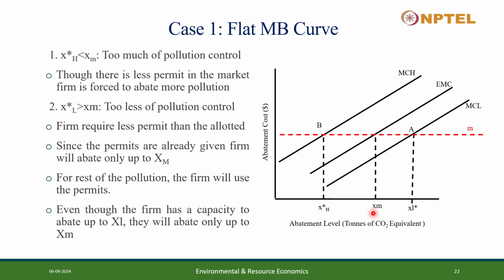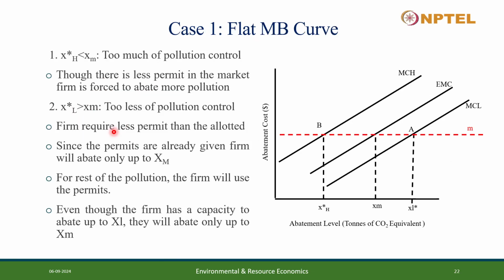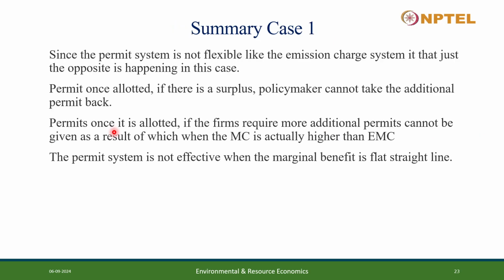Since the permit is not flexible like the emission charge system, the opposite of the previous case happens. In the tradable permit system, once the permits are allotted, if there is a surplus or a deficit, the policymaker does not have the flexibility to make changes.